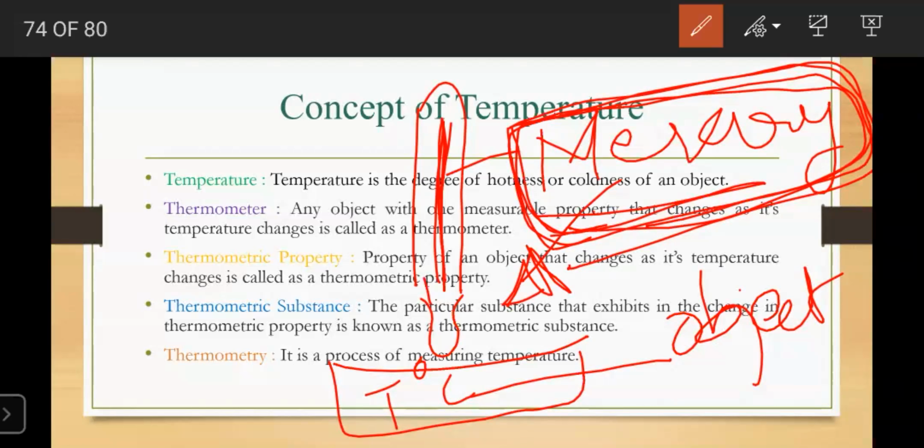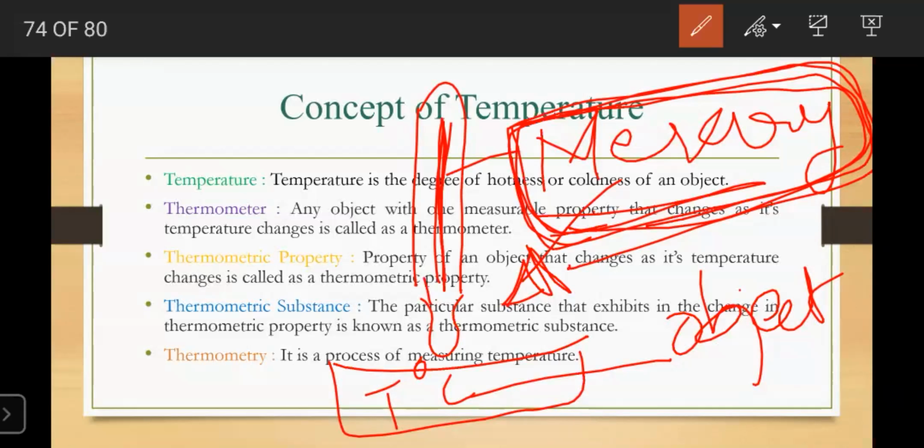What is mercury in the thermometer? It is the thermometric substance. What is the role of the thermometric substance? To find the temperature. Right. So to find the temperature, we need a thermometric substance. That thermometric substance can have a change in property due to the change in temperature.